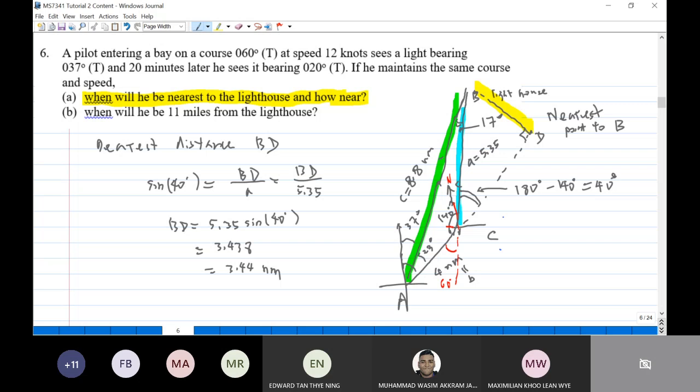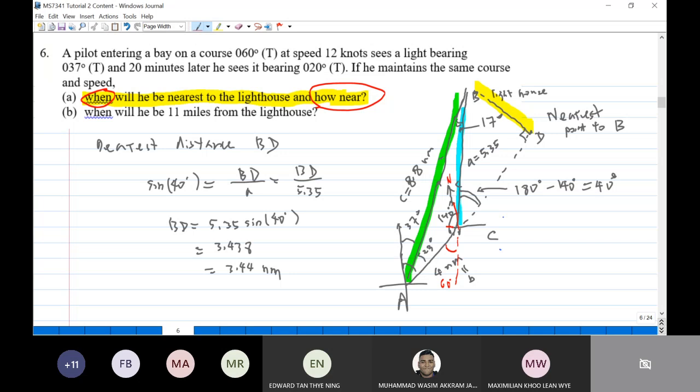So when is the nearest distance, and how near? There are two things. One of them is how near, so look at the picture, I have answered this one. And do you know when did this happen? Then I need to find some more.